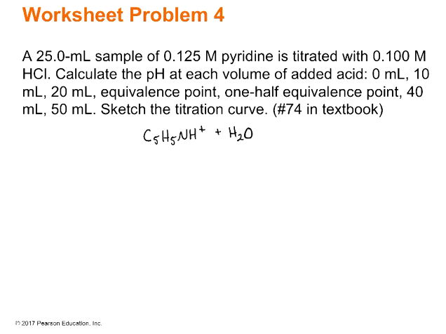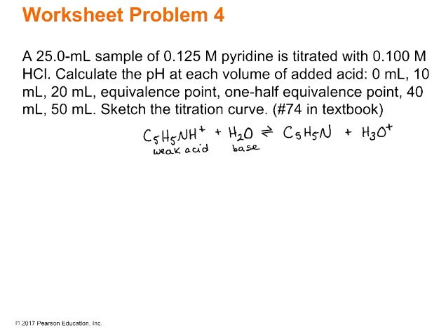Everything else was neutralized. And because this is a weak acid, we do have a forward and reverse reaction. So we're eventually going to hit equilibrium. And because this is a weak acid, it's going to give up its hydrogen ion. And then water will act as the base. So we'll end up with our original pyridine, and hydronium ions.